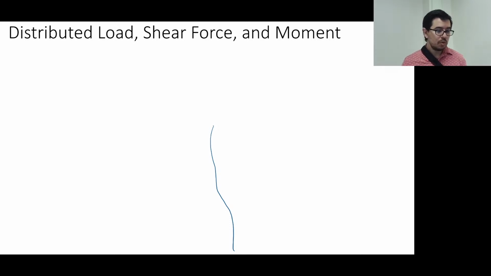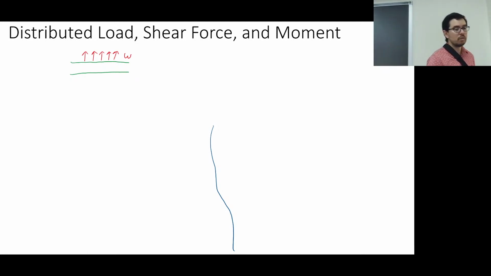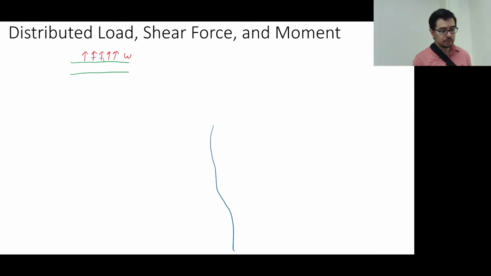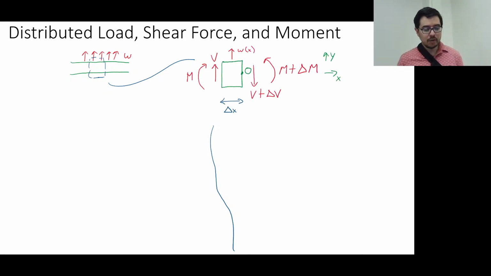So let's do some derivations. This is using the positive w, the convention we just introduced a second ago. So we have a positive w, a distributed force across the top, and we take a slice of this beam, and we follow our other conventions.